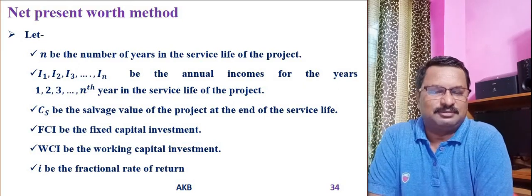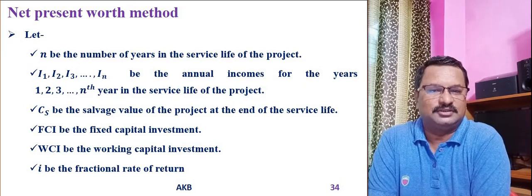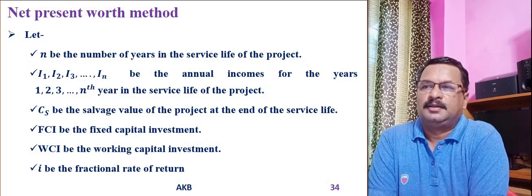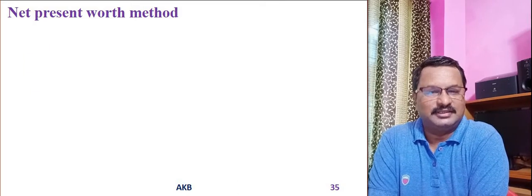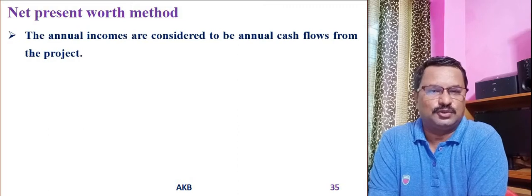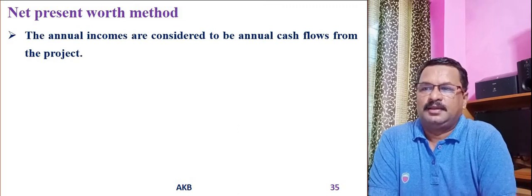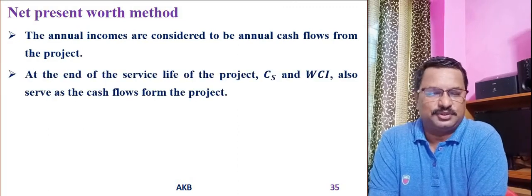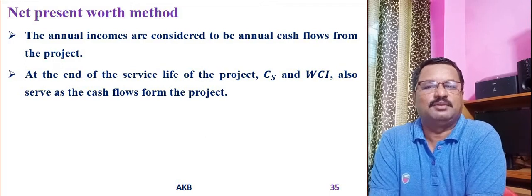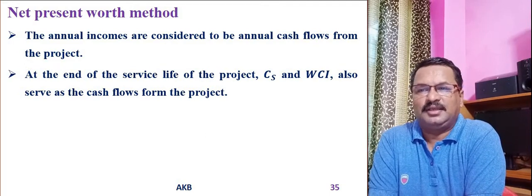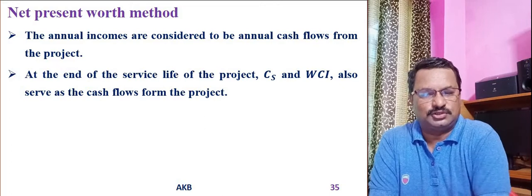As I have discussed in my previous lecture on discounted cash flow, the annual incomes are considered as annual cash flows from the project. Then at the end of the service life of the project, the salvage value CS and the working capital investment also serve as cash flows to the project.